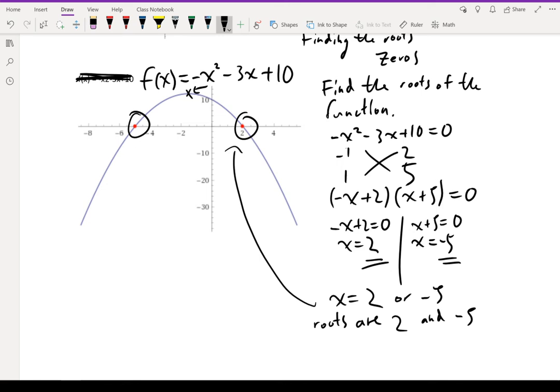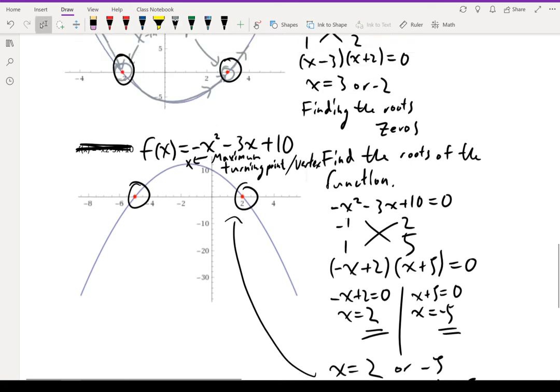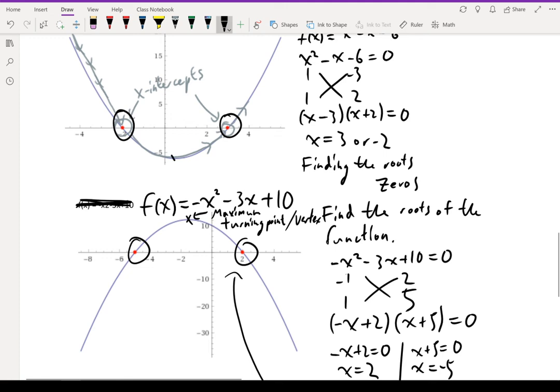This will be called the maximum point, maximum, or we also call it the turning point. And it is also called the vertex. And then we also have this one, in which this point is called the minimum, also called the turning point or the vertex.